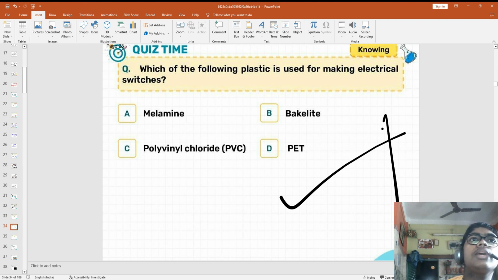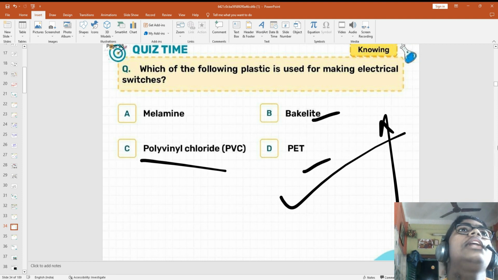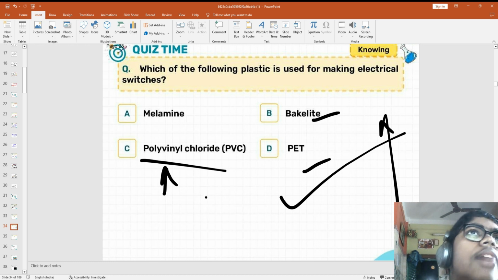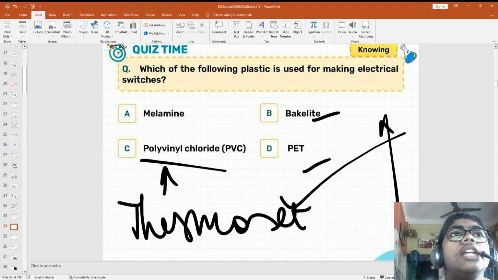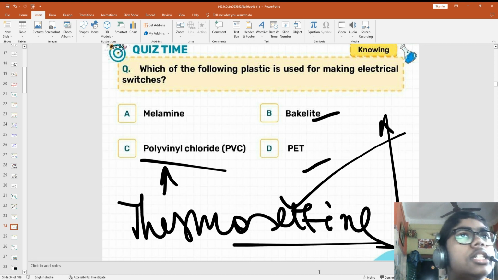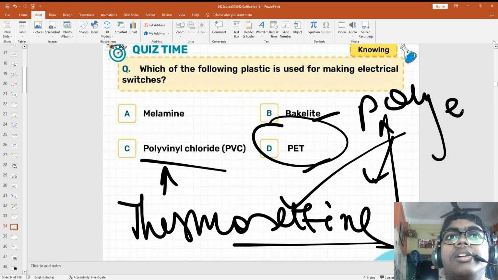Okay, tell me which is used to make electrical switches? Melamine, PVC, bakelite, or PET? See, this is polyvinyl chloride. Which one? So see, this is a thermosetting plastic. Now identify which thermosetting plastic it is. Of the options, two thermosetting plastics are given. PET is a type of polyester, so I'm cutting it.